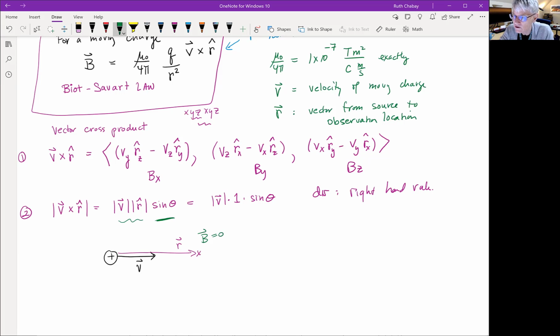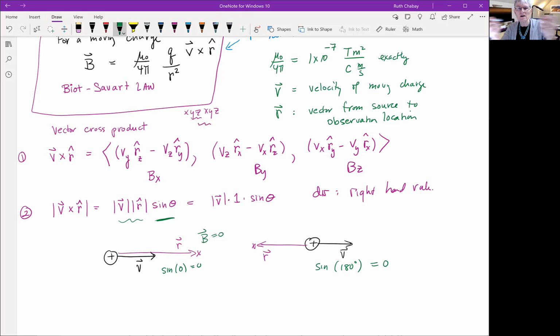And the same is going to be true, of course, for sine of 180 degrees. So here sine of 0 is 0. Here sine of 180 degrees is still 0.